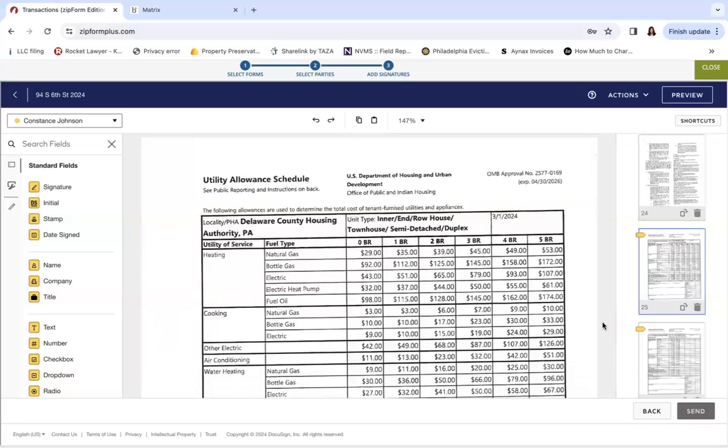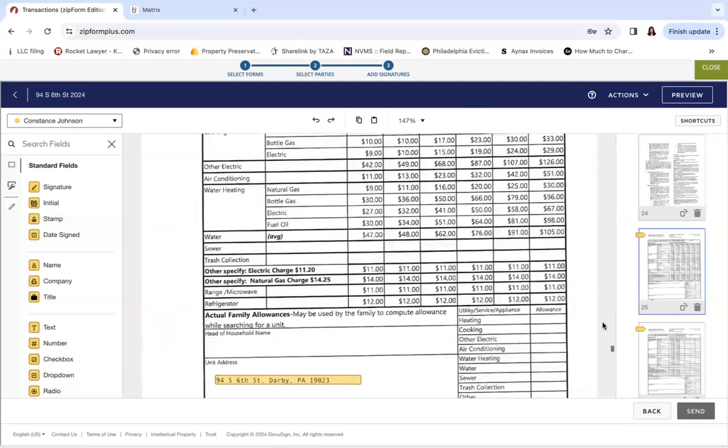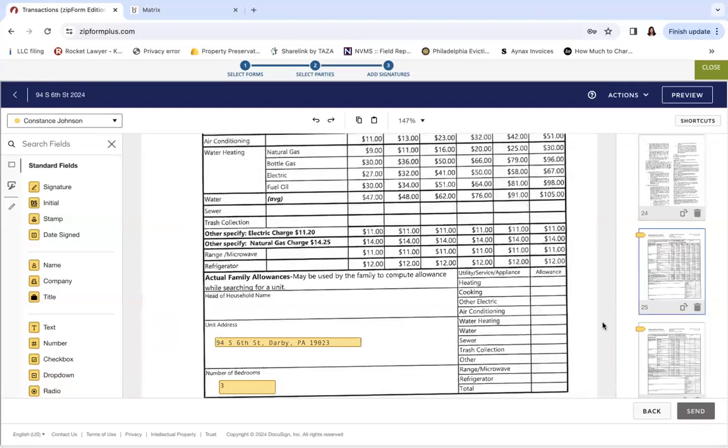This goes over the utility allowance schedule. It tells you how much they give each tenant an allotment for things like heating, cooking, air conditioning. And if you remember, I said before, they give you extra allotments of money for certain amenities that are in your home.